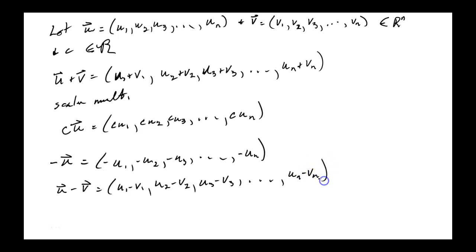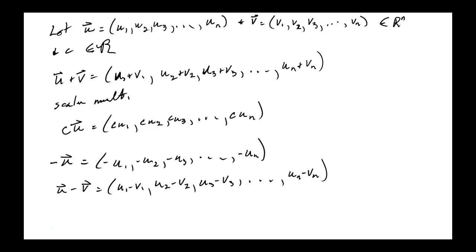They both have to be in the same space to add or subtract for that to make sense. What you just did there, whether you realized it or not, if you were subtracting v from u, that's the same as adding the opposite of v to u, just like we did with 2 space.